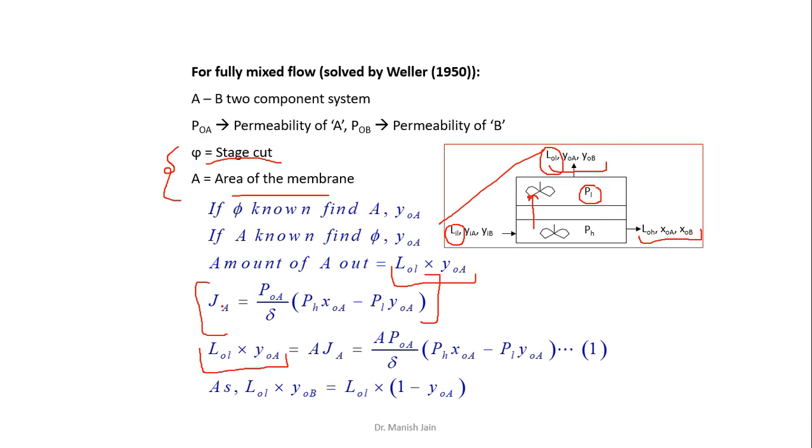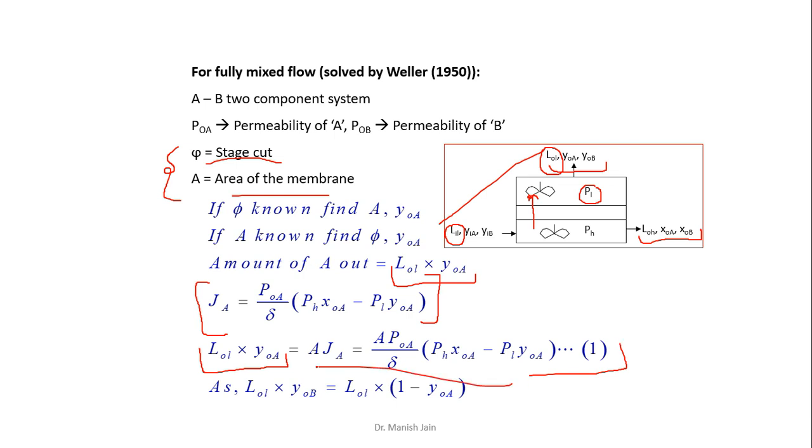The unit of flux is mass divided by meter square per second, so when you multiply flux by area, it gives you the flow rate of component A that comes out from the permeate side. Now substitute the value of JA in this equation, and you will get this equation. This is the first equation.